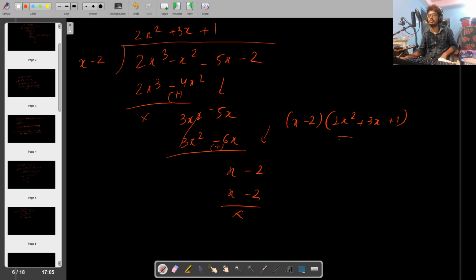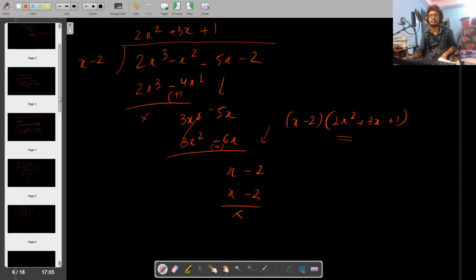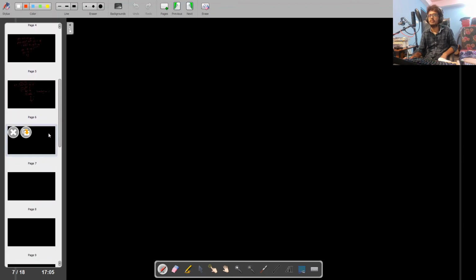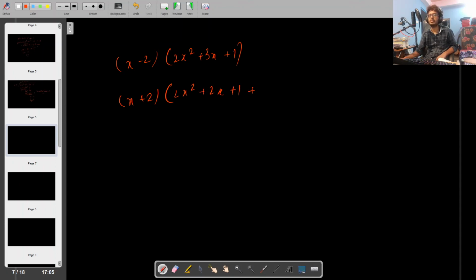So now you need to middle term break this thing. It's a very simple question. So x minus 2, and 2x square plus 3x plus 1. So just middle term break. So that is 2x square plus 2x plus x plus 1. 2x plus 1 is 3x, and 2 into 1 is 2.